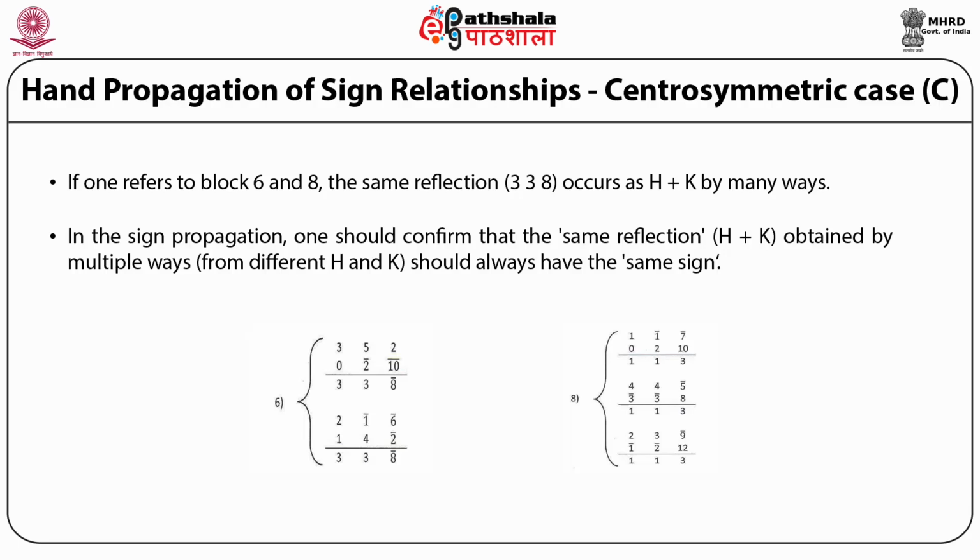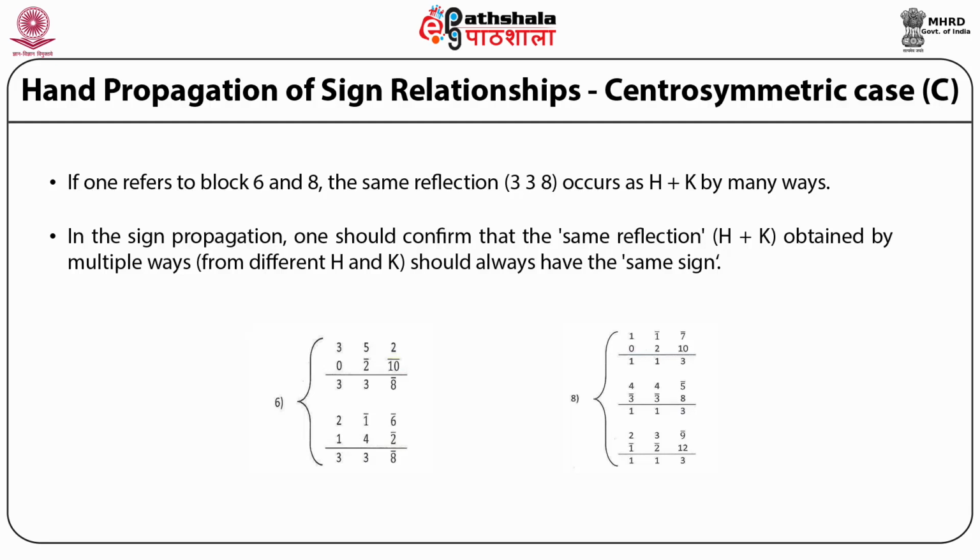So what do you mean by this? Whenever you have such a relation and you proceed with the sign propagation, the sign you get for this 338 bar, for example in block 6, has to be the same. In one case you cannot get plus and in another you cannot get minus.